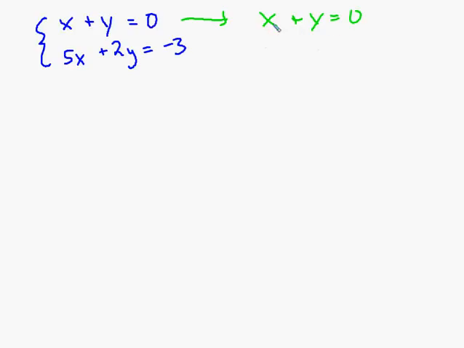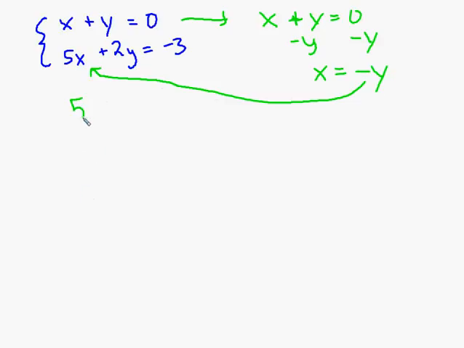And I'm going to solve for, it doesn't matter which variable I select, I'll just select x. So I'll subtract y to the other side. And I get x equals negative y. Now I'm going to take that and put it into this other one. Right here. So I get 5 times negative y plus 2y equals negative 3. Distribute that 5.